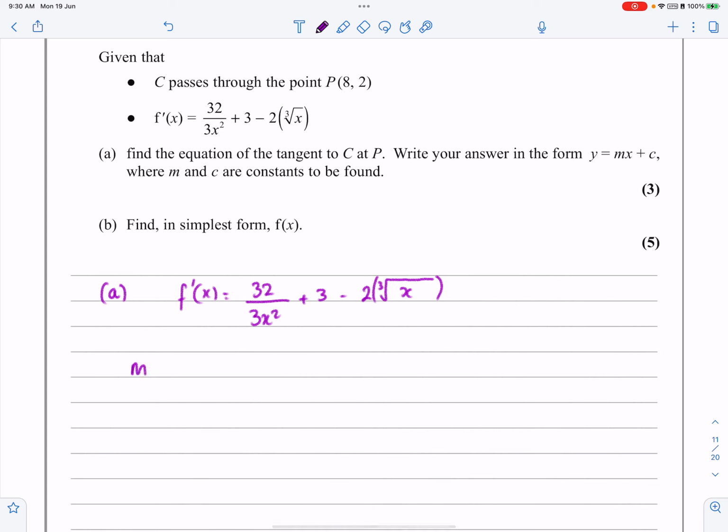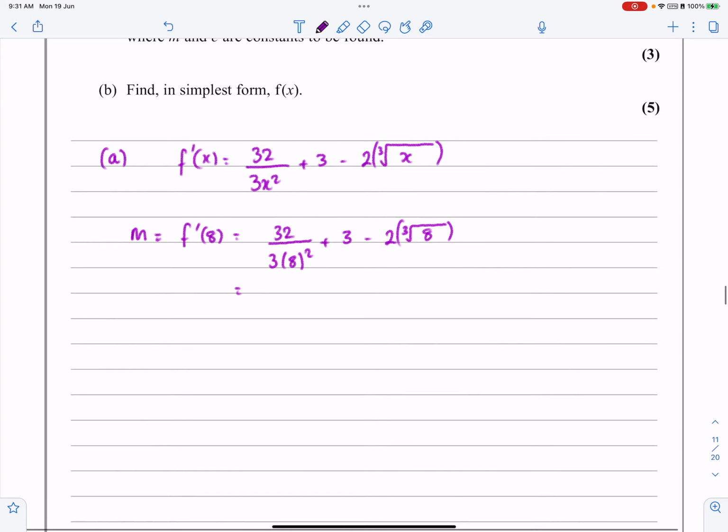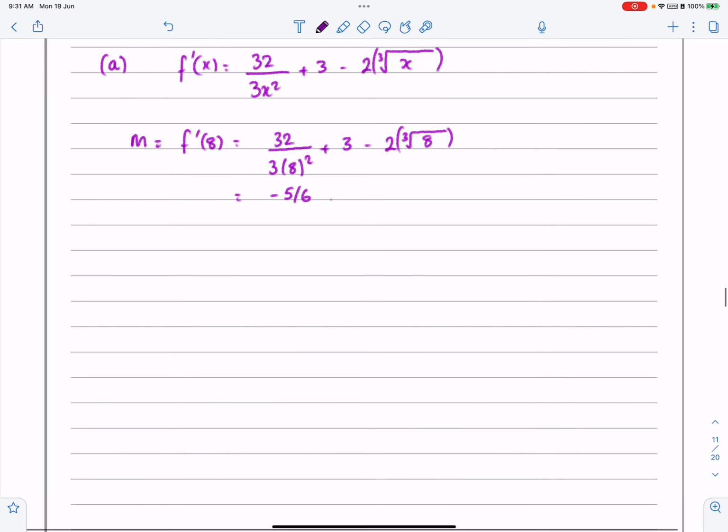Then m is just going to be equal to f'(8), which means 32 over 3 lots of 8 squared plus 3 minus 2 times the cube root of 8. The cube root of 8 is 2, but you might not know that, in which case you just put everything into your calculator. The answer comes out to be that f'(8), m, is equal to minus 5 over 6.